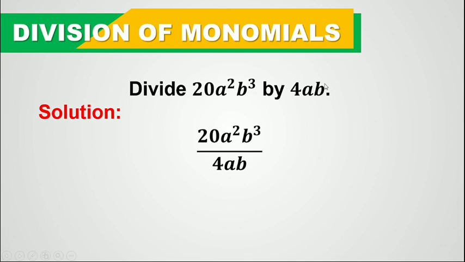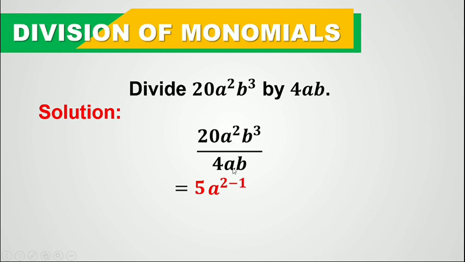So how are you gonna do that? 20 divided by 4, that's 5. So you divide their numerical coefficients first. And then a² divided by a, that's a^(2 minus 1), because based on the laws of exponents, we have to subtract their exponents. We subtract the exponent of the divisor from the exponent of the dividend.